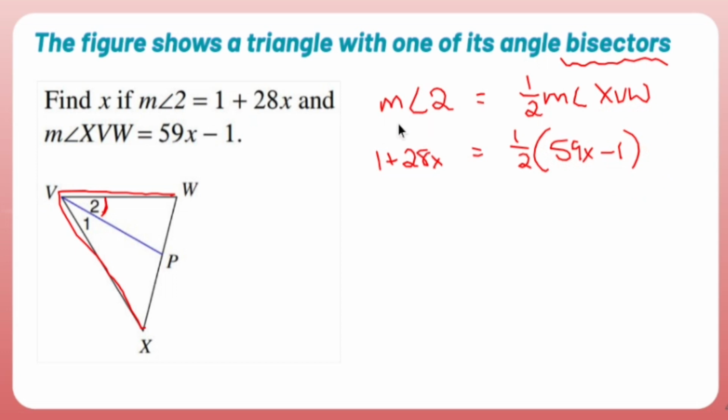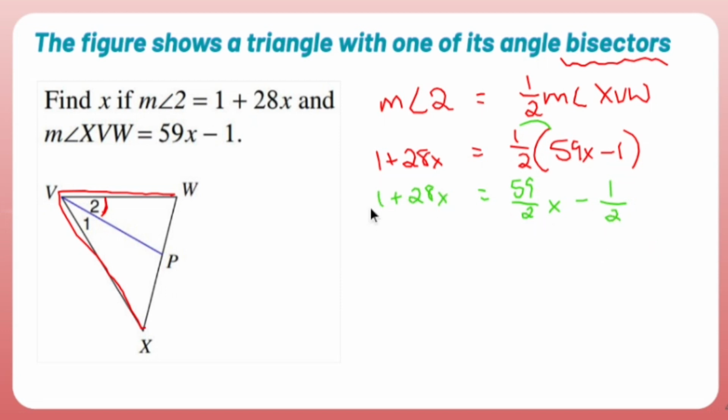Now, the other way I could set this up is I could have said that this guy equals 2 times the measure of angle 2. Either way, you'll get the same answer. I've already committed. So 1 plus 28x hasn't changed. I'm going to multiply 1 half by 59x minus 1, so that's 59 over 2x minus a half.